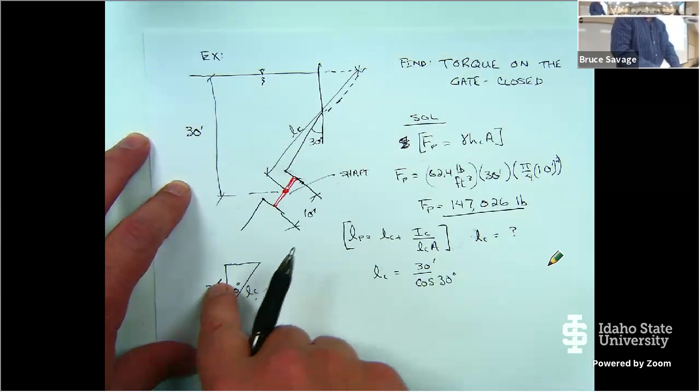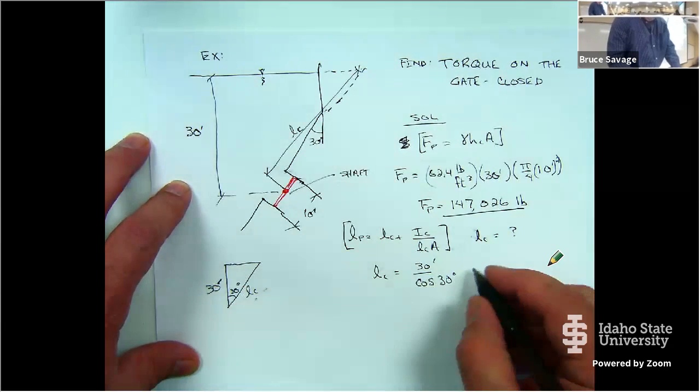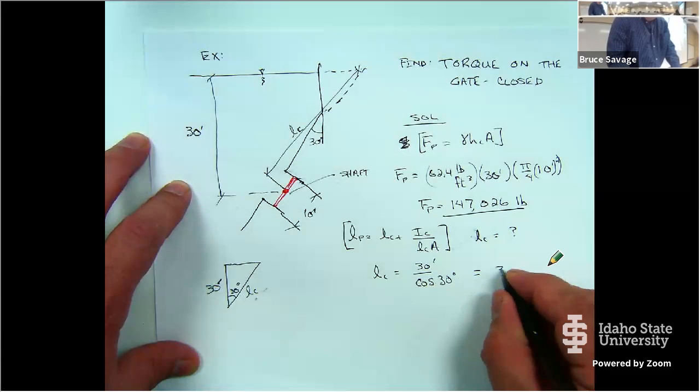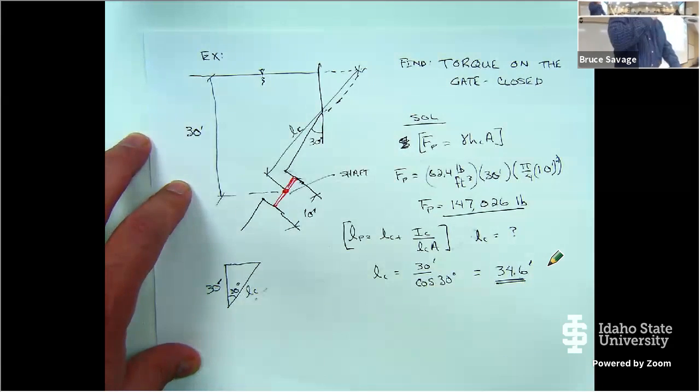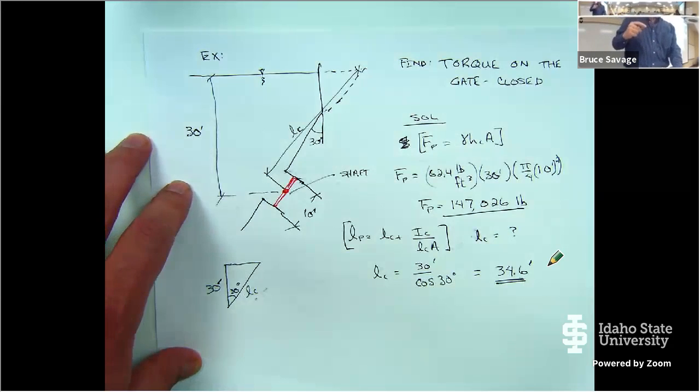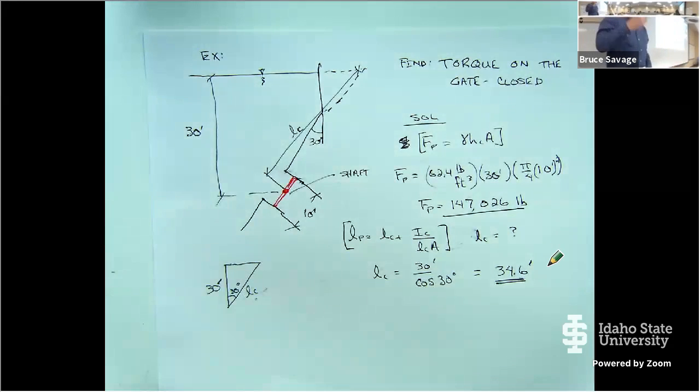Cosine is adjacent over hypotenuse. So when I do that calculation, I get 34.6 feet for L_c. So L_c, the distance along the inclined plane from the top of the water down to the centroid of my gate, is 34.6. It's actually 34.56, but we just rounded off to 34.6 feet down to the centroid.